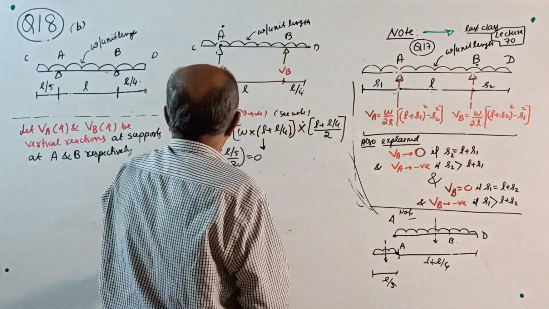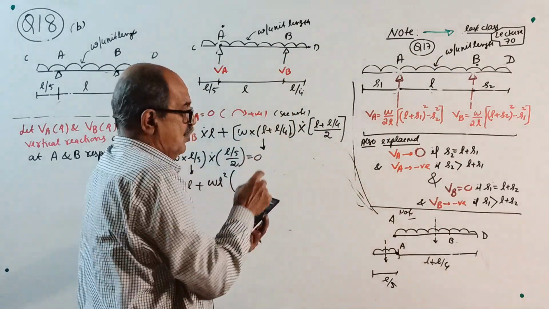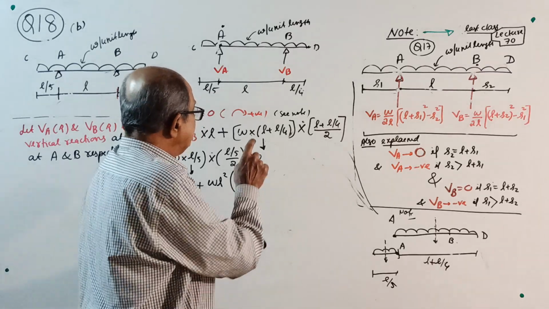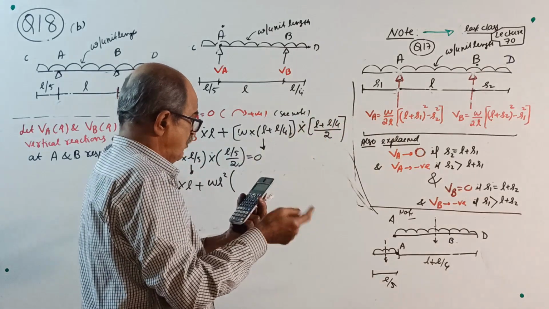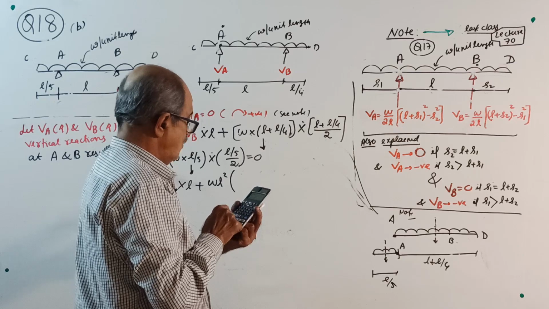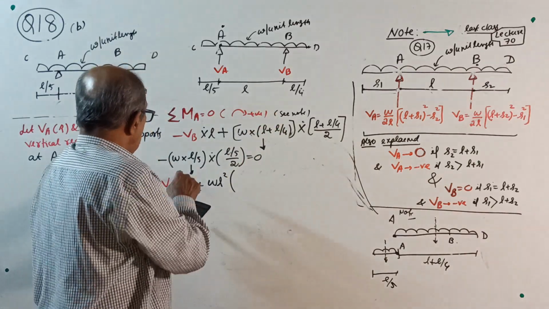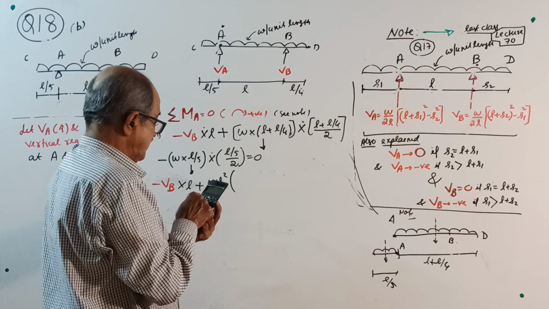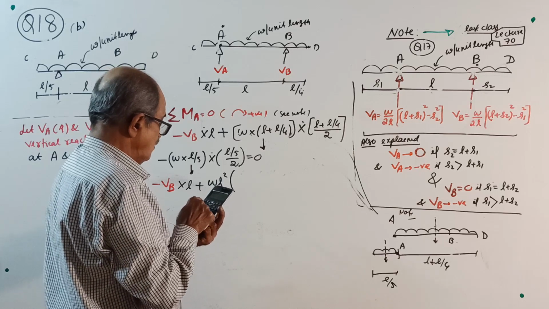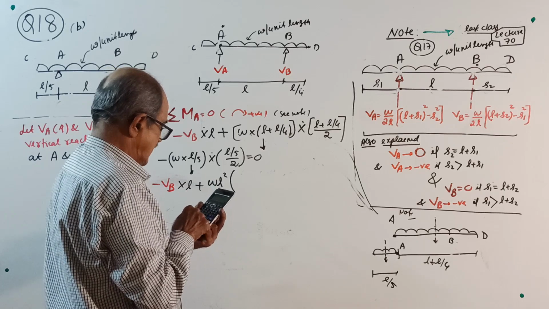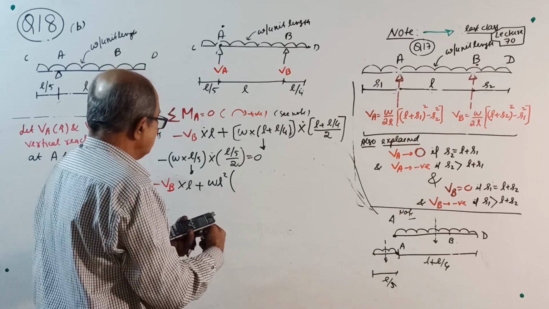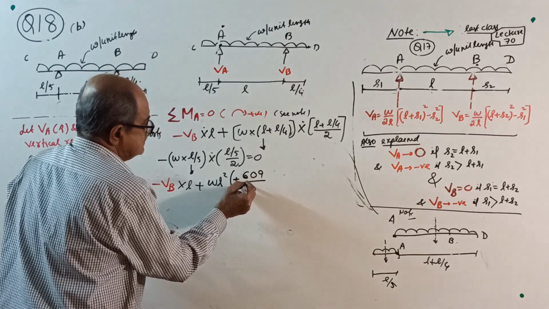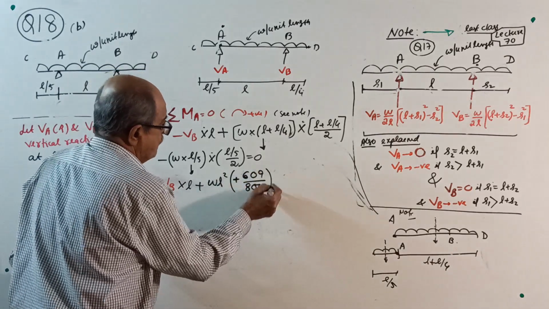Sign is important. Plus 1 plus 1 by 4, into 1 plus 1 by 4 by 2, then minus 1 by 5 into 1 by 5 by 2, equal to 609 by 800. Next time I won't explain, 609 by 800 is the number.